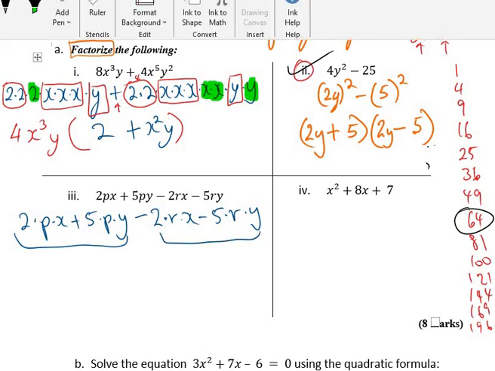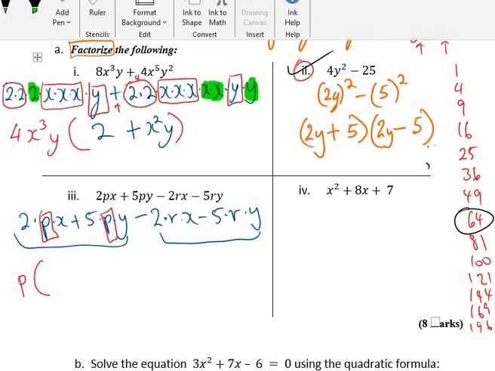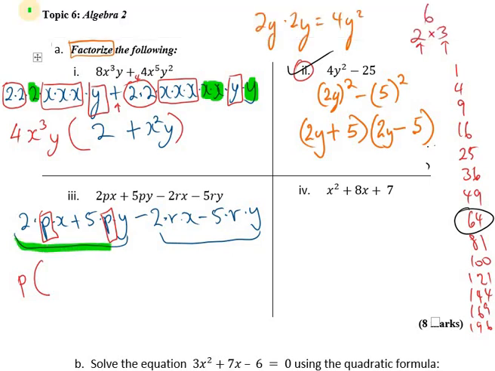Let's identify what's common in both sets. In the first pair, we have p, that's common here as well as here. Anything else common? No. So we're going to pull out the p, and then open bracket, and what's remaining from that? We're just focusing on this part over here.